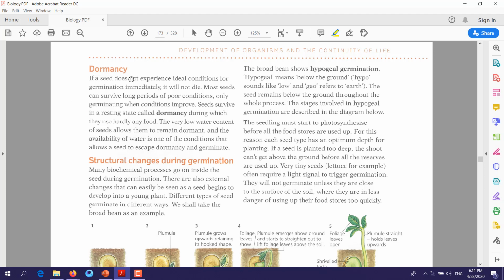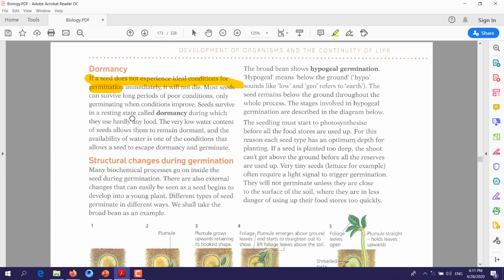The term dormancy, what do you mean by the word dormancy? Dormancy is when you have a seed, and this seed does not experience ideal conditions for germination. This seed will not die. So these seeds will survive for a long period of poor conditions.